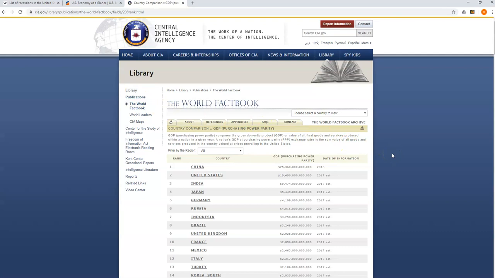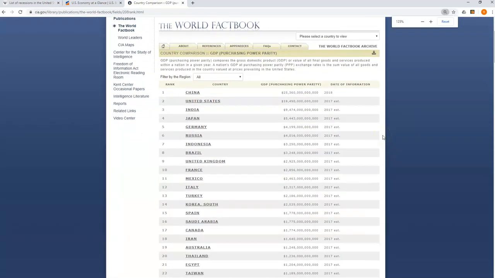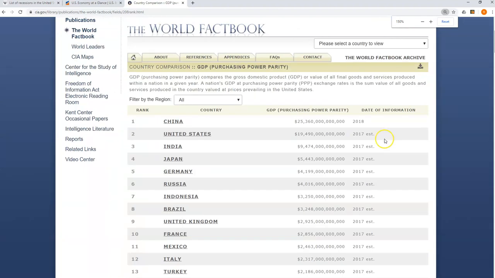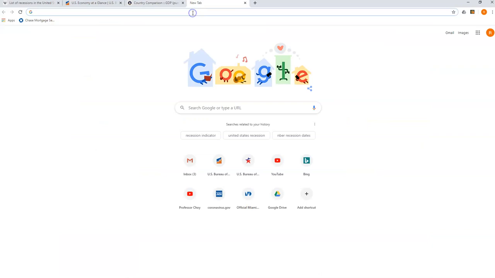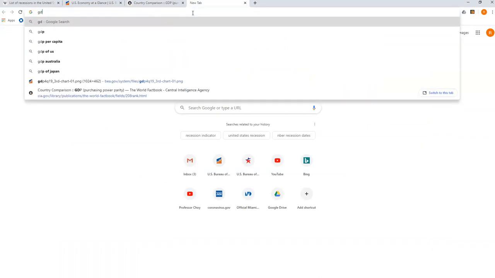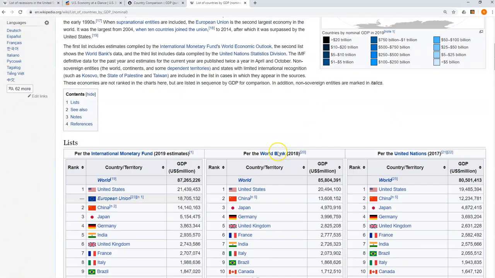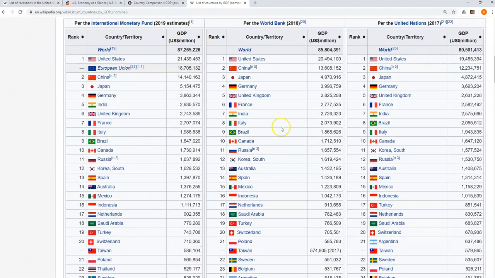All right. This is the gross domestic product using a metric called purchasing power parity. And this is where some of this stuff starts becoming a little controversial. Let me show you nominal GDP. Alright, so this right here is the list of nominal GDP by nation in the world.